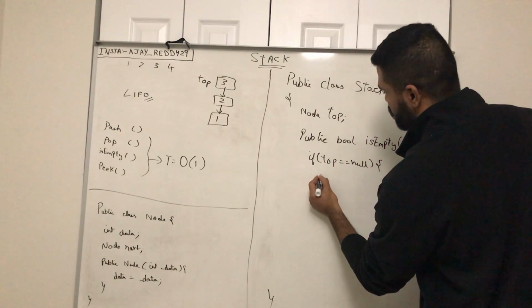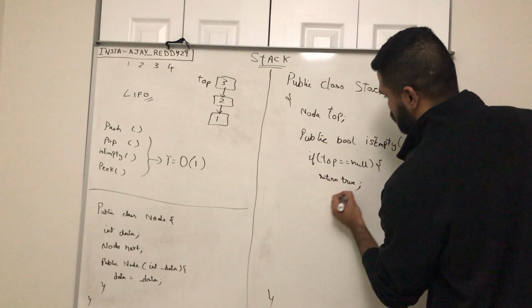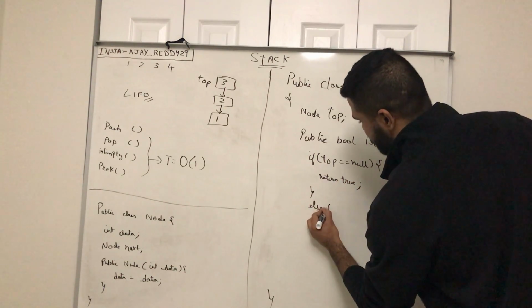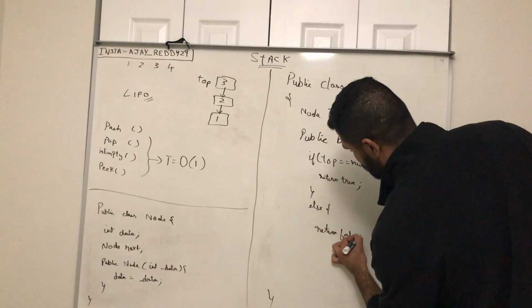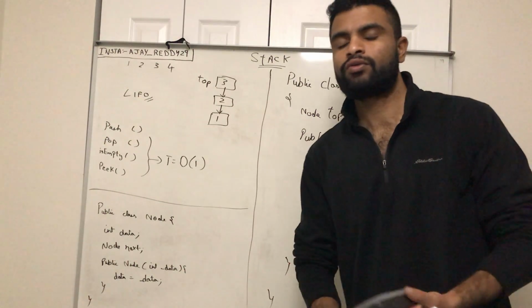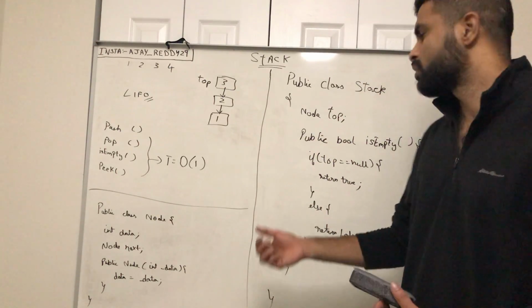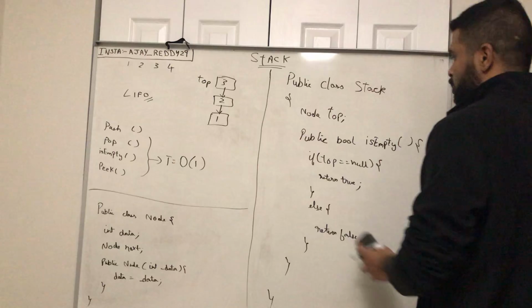That means there are no elements in the stack, so there I will return true. Else I will return false. So if top is null, that means we don't have any elements in the stack, so I'm returning true. Else I'm returning false. So that is the isEmpty function implementation.